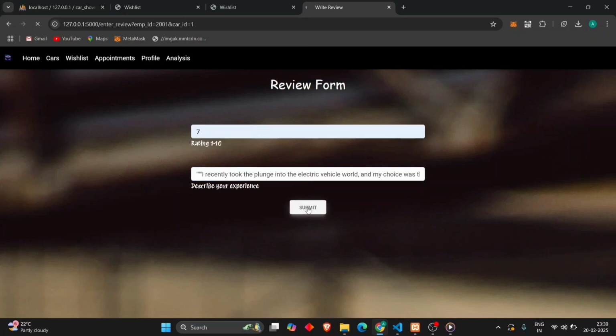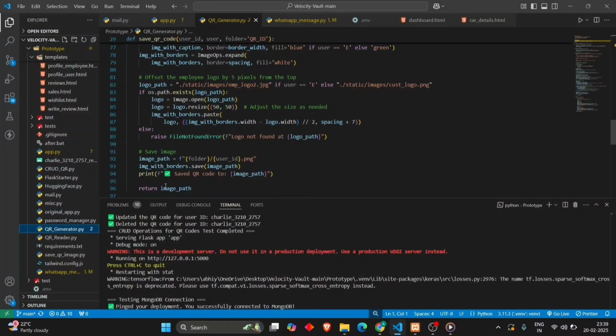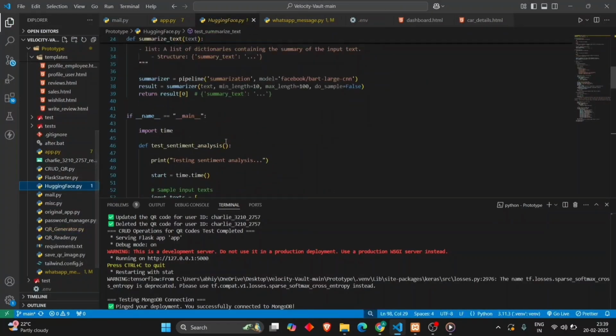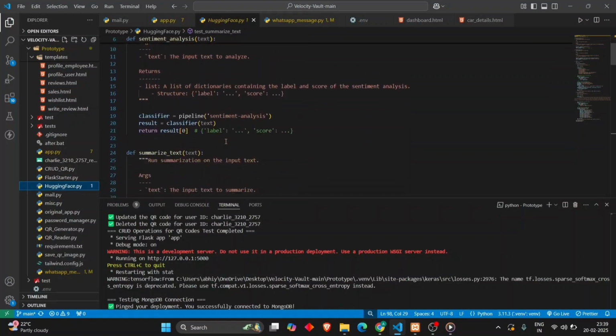So once we click submit over here, we have used the Hugging Face transformers library for implementing the sentiment analysis, and this is the code for that.